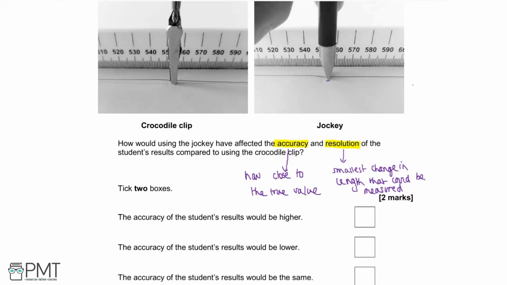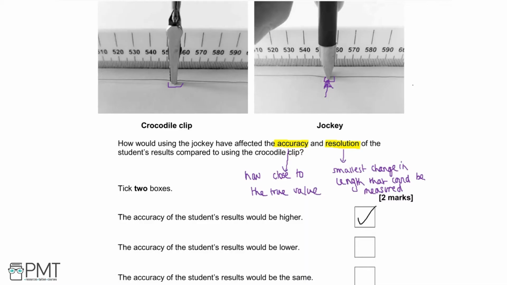Now we can say that the jockey, so the second measurement, is going to give a value closer to the true length of the wire, because you can see that the tip of this measuring device is much smaller than the crocodile clip. This gives us a much more accurate reading, which means a reading that's closer to the true value. Therefore, we can say the result is more accurate.